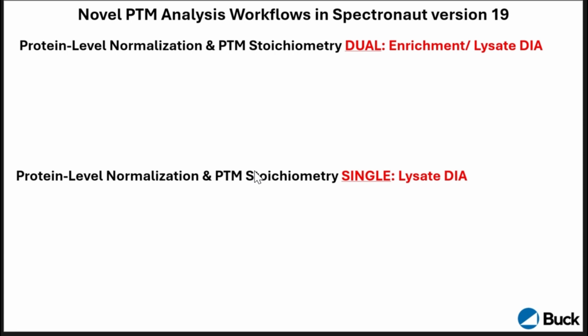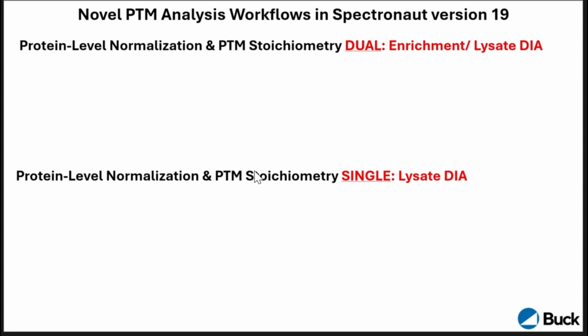So typically we take like 2% of the sample and just keep it non-enriched, where we just look at the protein level changes. So basically you do two acquisitions, one for the enriched PTMs and one just whole lysate for protein level changes.